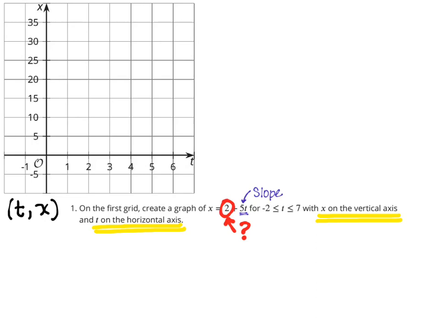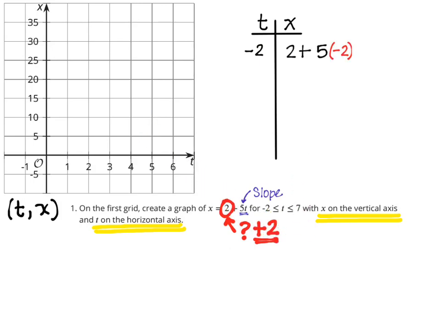We're going to do this Algebra 1 style, where I'm going to make a t table. And we've got t in it this time, but remember this is input and output. So it says t from negative 2 to 7, so we could fill this out. First I'll put the negative 2 in, and we put it into the equation, 2 plus 5 times whatever t is. Evaluate that, and we get negative 8.